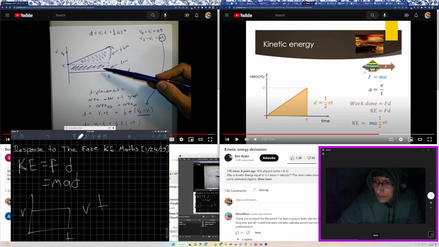Then they replace the acceleration by its definition, which is velocity over time. And so then you get two velocities multiplied, right? You get mv squared, and then the t's cancel out.